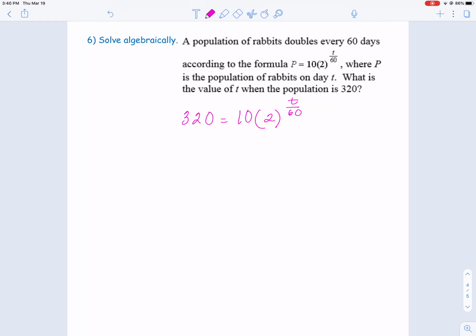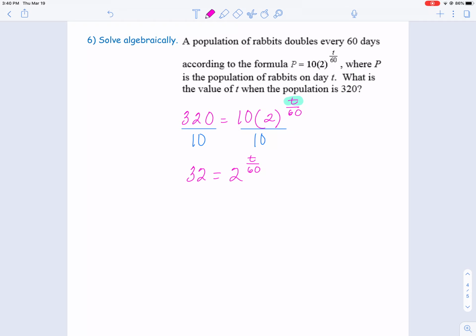And remember, we want to solve for this t, and now we know log, so now we can solve for exponents. Remember, get rid of that coefficient. So I'm going to use a different color, and I am going to immediately show that we're going to divide both sides by 10 to get rid of that coefficient. So we have 32 equals 2 to the t divided by 60. Okay, so now let's talk about this.